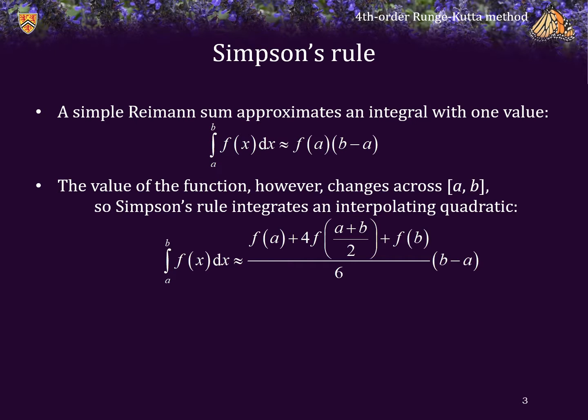Consequently, Simpson's rule integrates an interpolating quadratic across the interval, with the points being the two endpoints and the midpoint. This gives the approximation of the integral shown here. So notice we have a weighted average, 1/6, 4/6 for the point in the middle, or 2/3, and 1/6 for the last point.